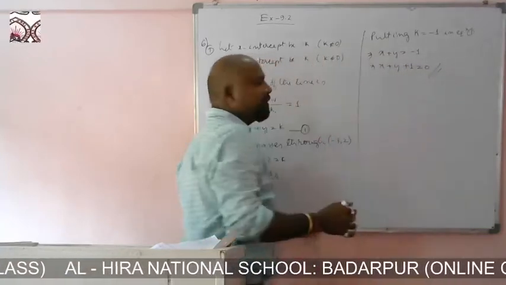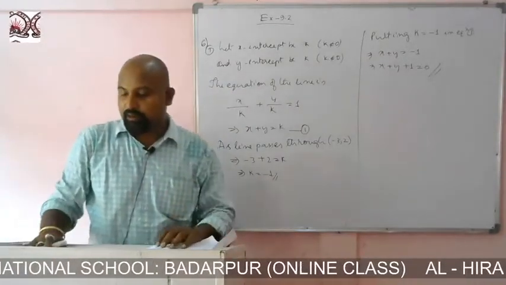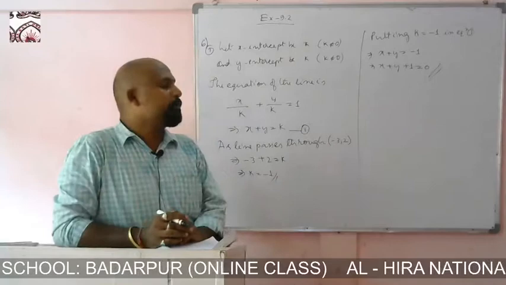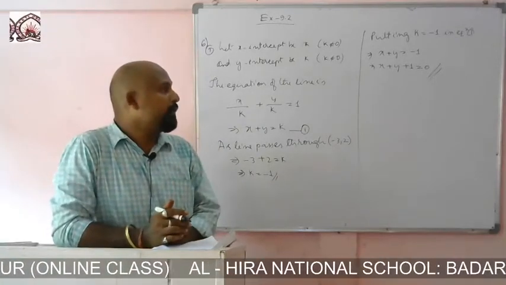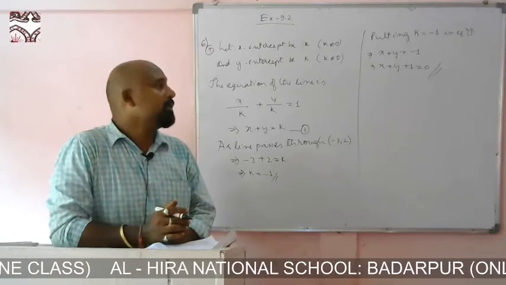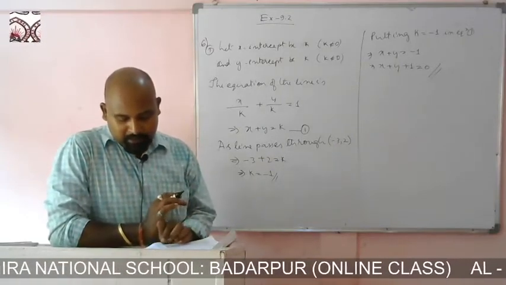This is the required equation. So x plus y equal to minus 1, or we can say x plus y plus 1 equal to 0. This is the required equation of the line. Now the rest you do yourself.